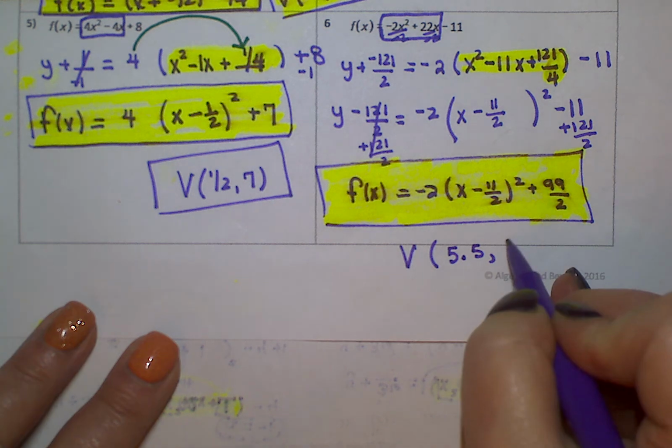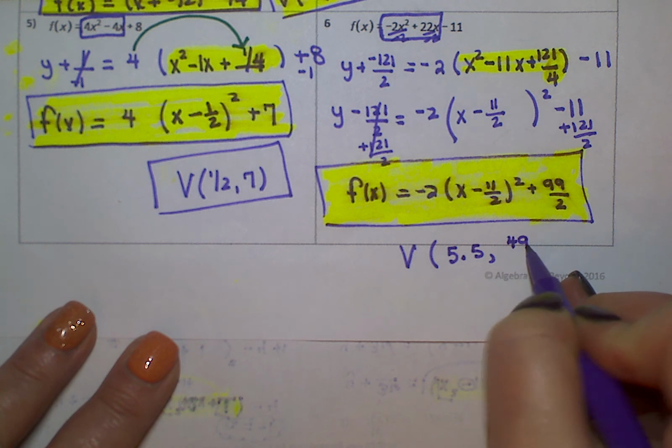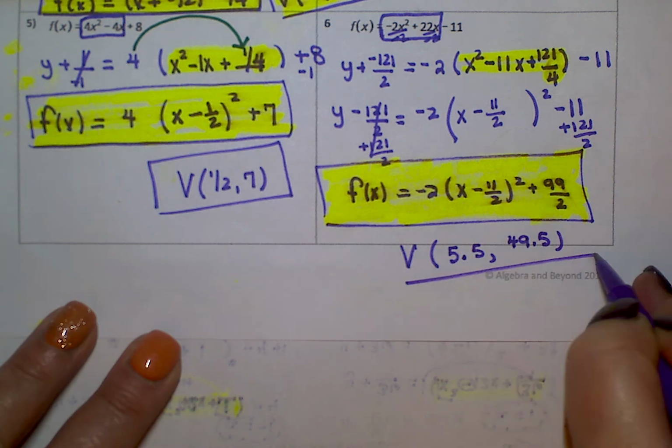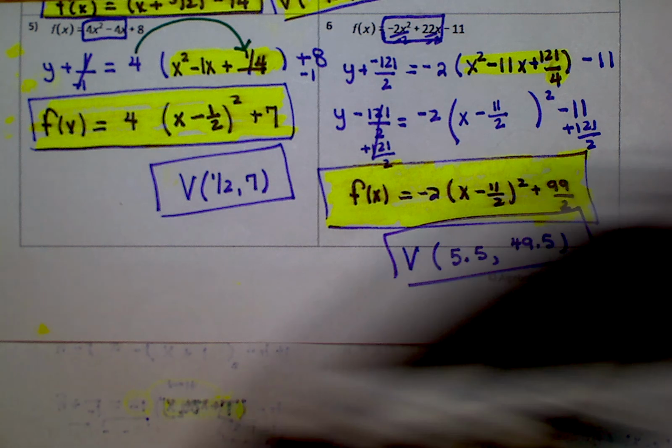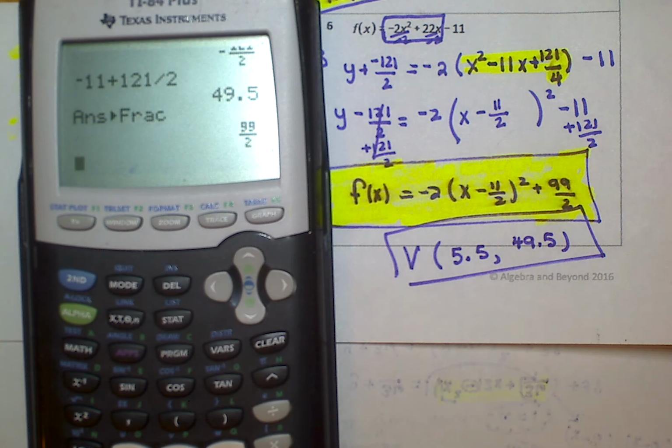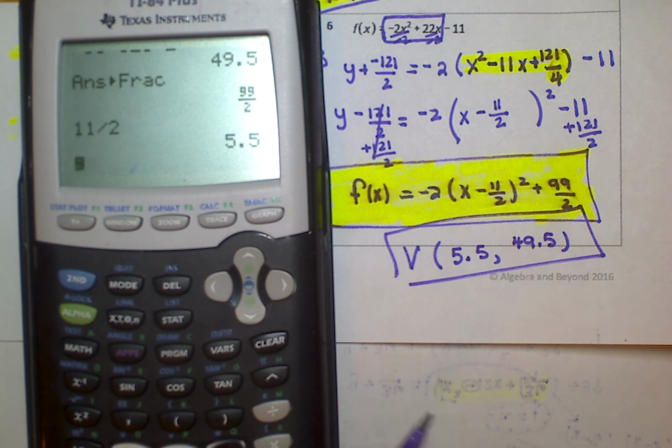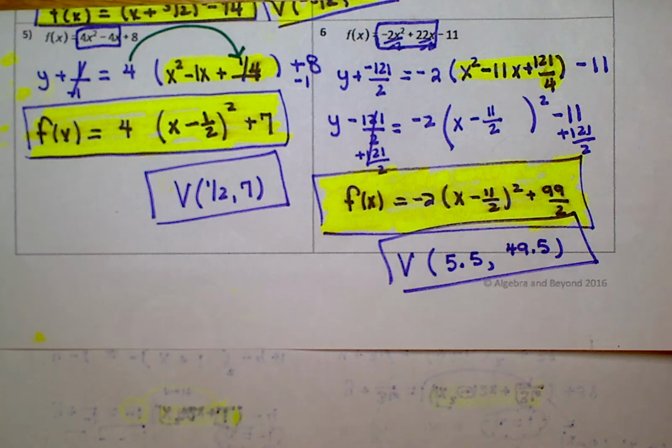And then this one, I believe we had a while ago, 49.5. So if you ever need to do that, remember you could just leave that as that decimal form, or you could take the fractions and divide them at that point. And remember, the inside is the opposite side.